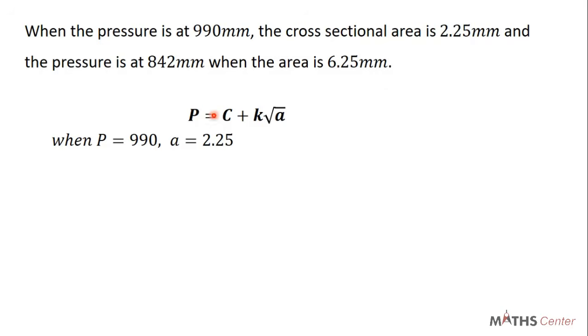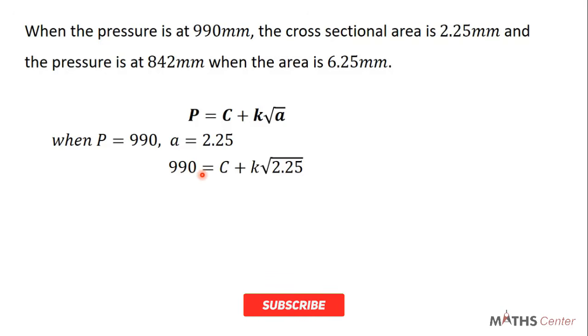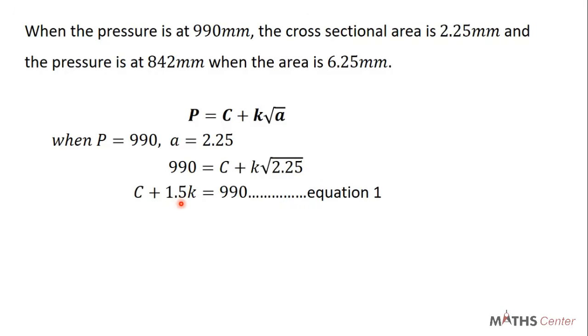We know that P is equal to C plus K root A. So we can replace P with 990 and A with 2.25. When we do that, we are going to have 990 is equal to C plus K root 2.25. Square root of 2.25 will give us 1.5.